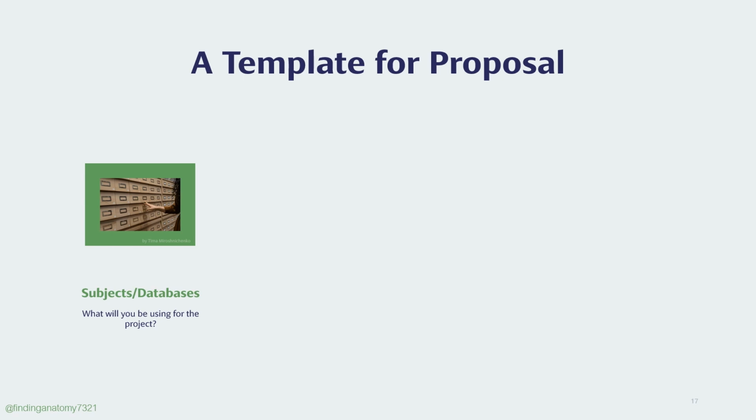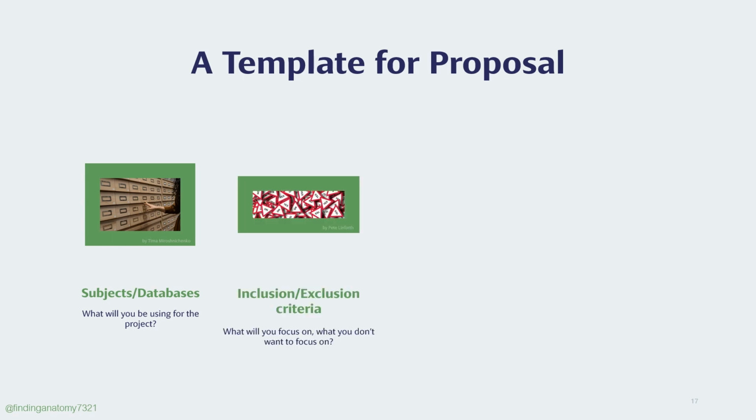In the case of databases, you can identify if you'll be doing your search just on PubMed, or on PubMed and Scopus, or on PubMed, Scopus, and Google Scholar, and this sort of thing, what articles you'll be using. You need to define inclusion and exclusion criteria, like I said. So let's say for category-based projects, you need to say, I will be excluding anything which has gross pathology, or you could be excluding categories outside of a certain age group, or you could be excluding based on sex.